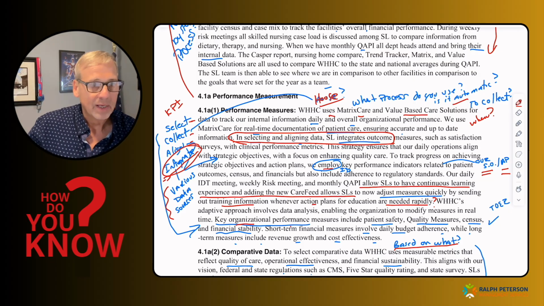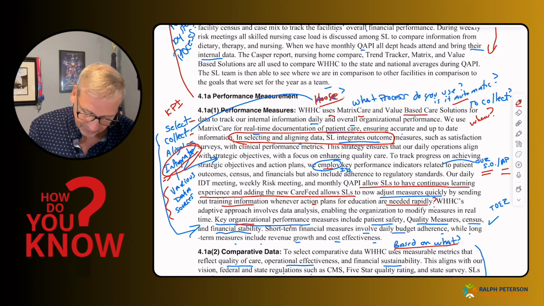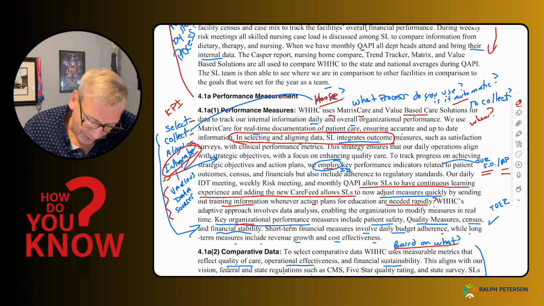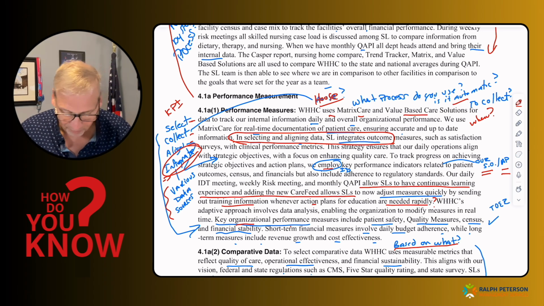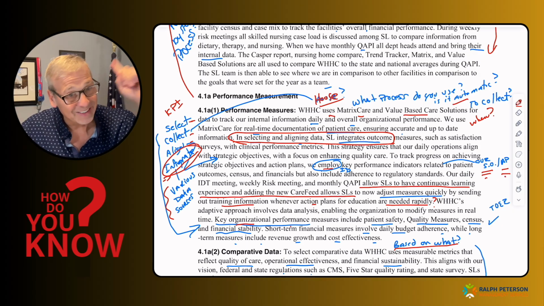And how do you track progress on achieving your strategic objectives and action plans? So to track progress on achieving objectives and action plans, we employ key performance indicators. I would use the word identify key performance indicators related to our strategic objectives and our action plans, because that is the question.